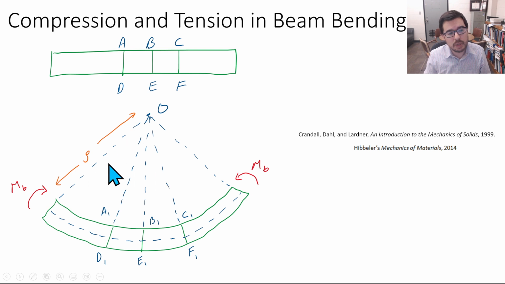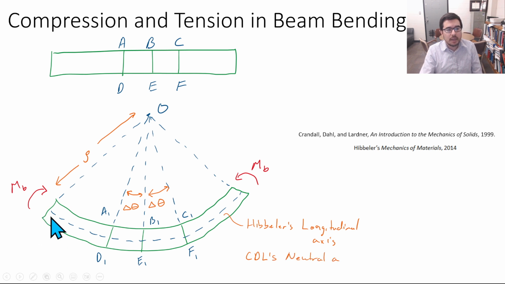So here's our radius of curvature, and let's say that we can also describe the angles here, delta theta, between A1 and B1, and we could say, okay, delta theta is the same between B1 and C1. So these lengths were the same before we did the bending, and the A1 B1 length is going to be the same as the B1 C1 length. D1 E1 length is going to be the same as the E1 F1 length, but these lengths are going to be a little bit longer on the bottom, but we can describe them with these delta thetas.